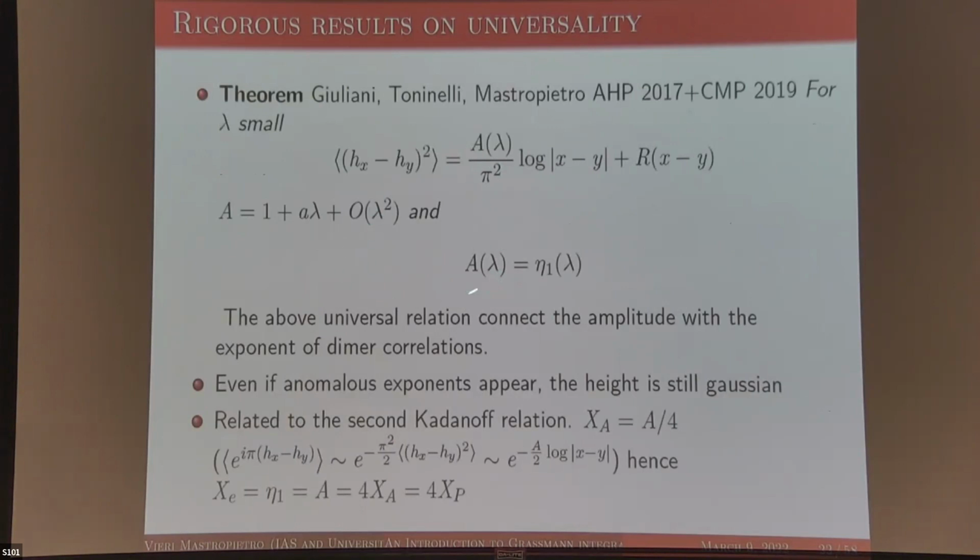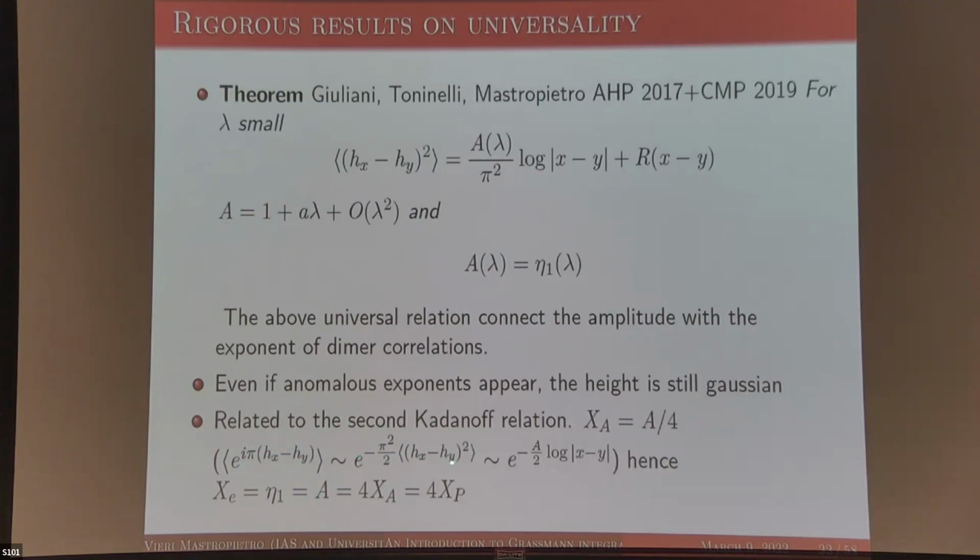So for a certain time, we were surprised. This is work with Giuliani and Toninelli. For a certain time, we said, okay, we have found a new relation. So we were very happy we found something new. But after, we realized that it is the second relation, if you assume this relation, which we cannot prove, that exponential of the 8 is equal to this, which is very natural to assume because it's Gaussian, but we are unable to prove.